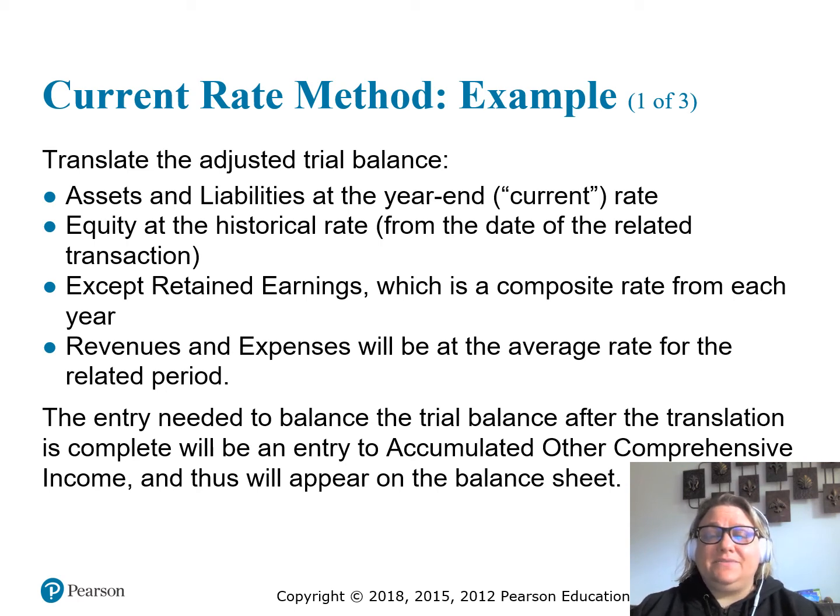Revenues and expenses will be at the average rate for the related period. The entry needed to balance the trial balance after the translation is complete will be an entry to accumulated other comprehensive income, and thus will appear on the balance sheet. And there's a calculation for it, and I'll show it to you.